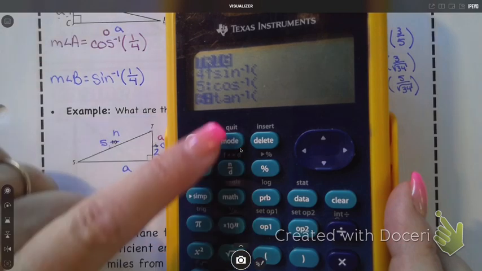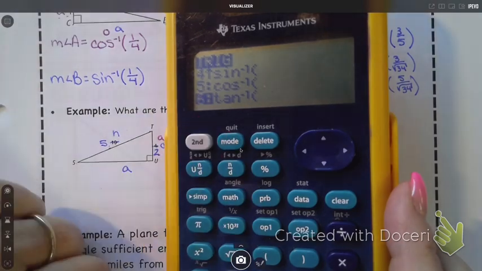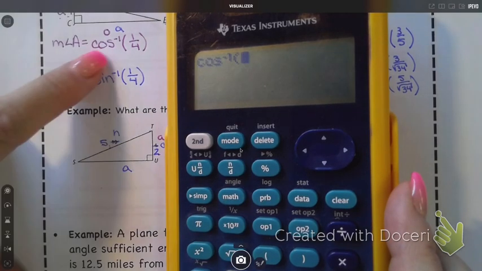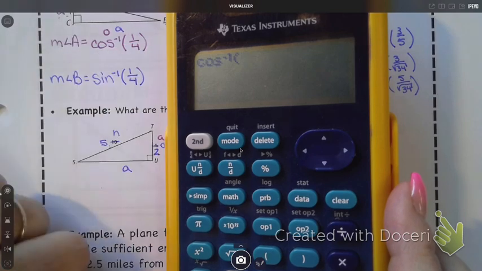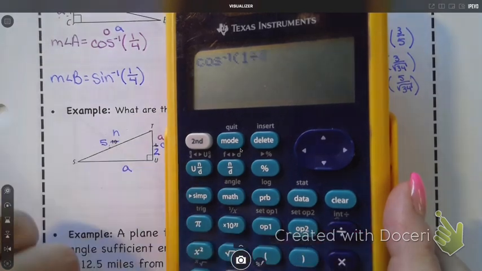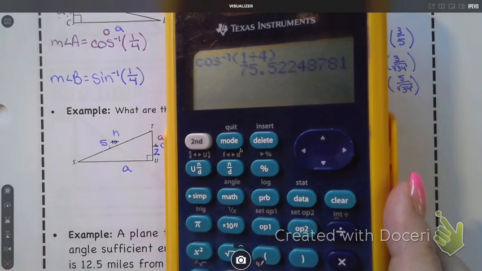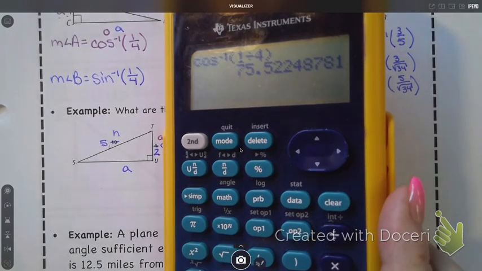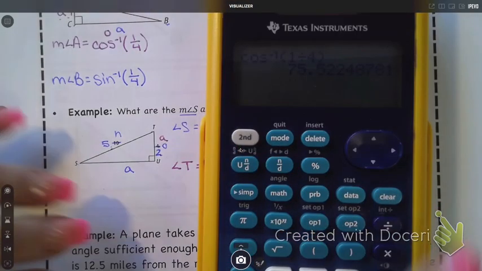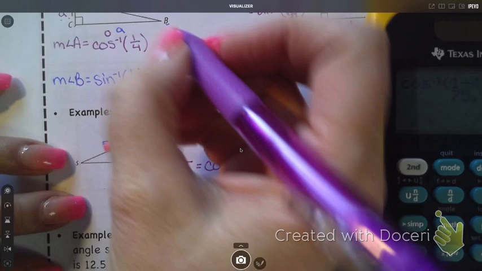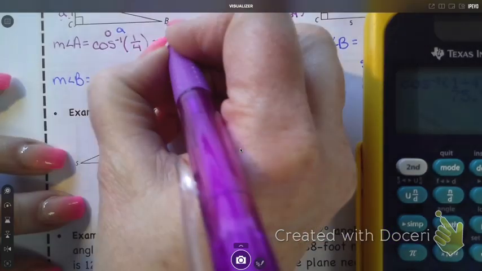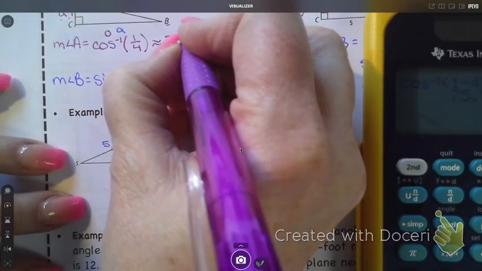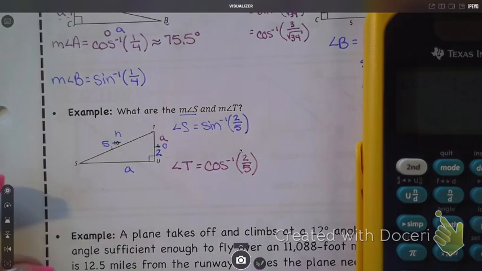So inverse cosine is 5, so I'm just going to push 5. And then I'm going to put 1 divided by 4. And then we should get 75.52, so approximately 75.5, and don't forget your degree.